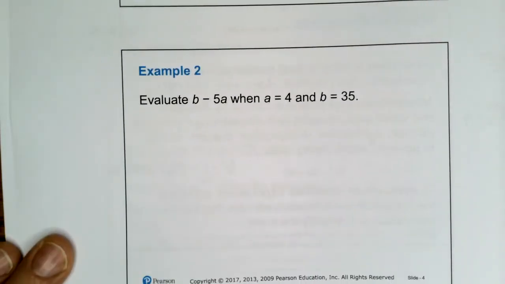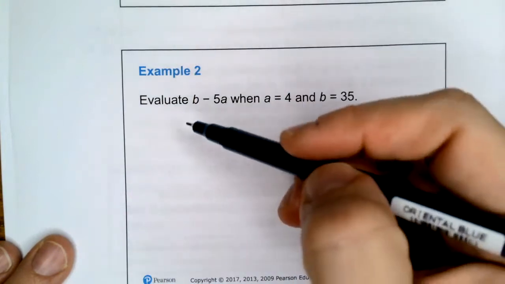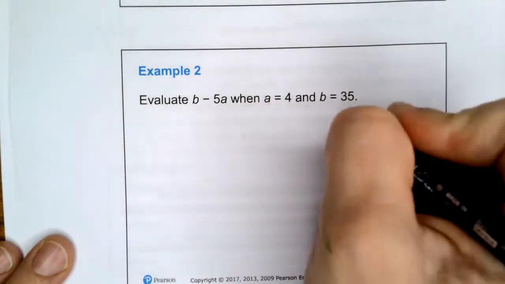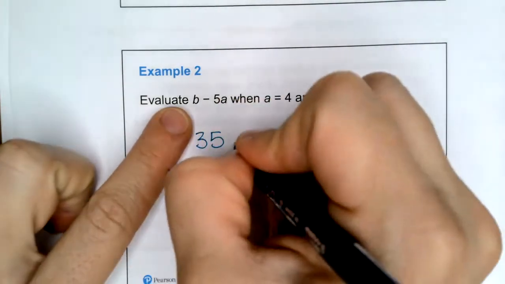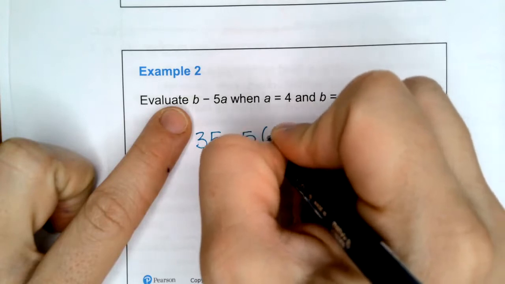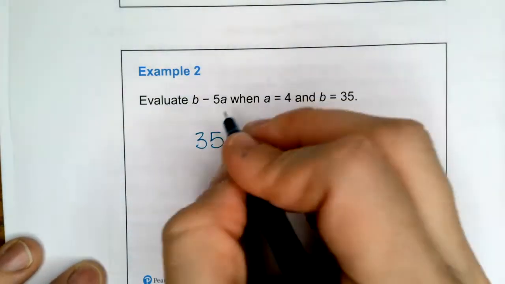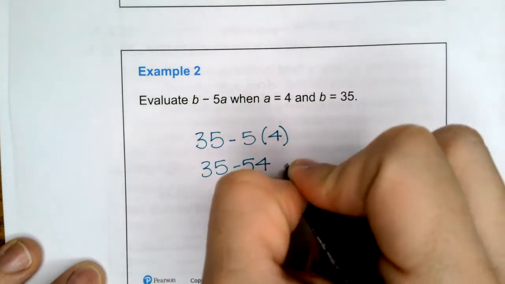All right. So we just evaluated an area equation. Now we're going to evaluate B minus 5A when A is 4 and B is 35. So we're going to now say 35 minus 5 times 4. The reason I like parentheses is it's not 35 minus 54, right?